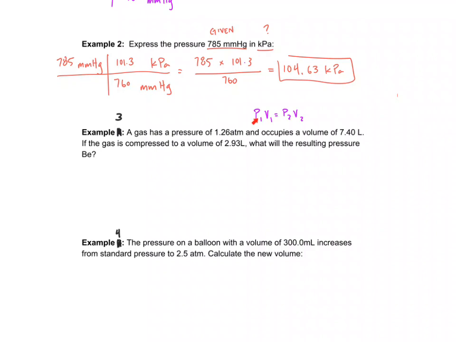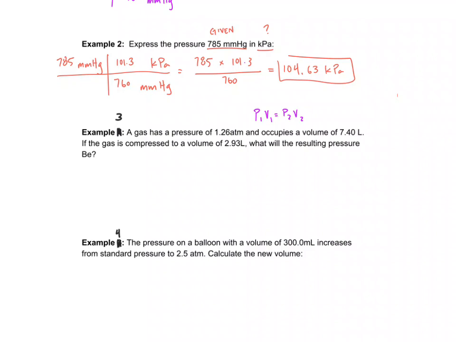So the original pressure and volume is being compared to the new pressure and new volume of the same gas at the same temperature. So example 3 says a gas has a pressure of 1.26 atmospheres and occupies a volume of 7.4 liters. If the gas is compressed to a volume of 2.93 liters, what will the resulting pressure be?